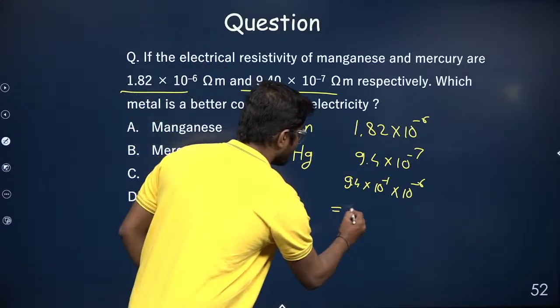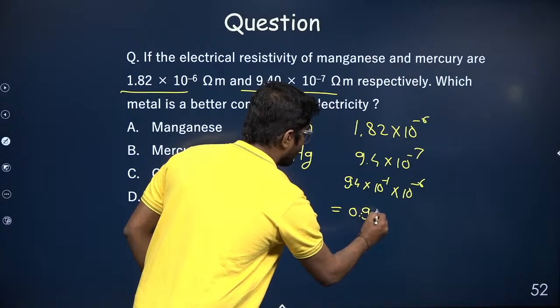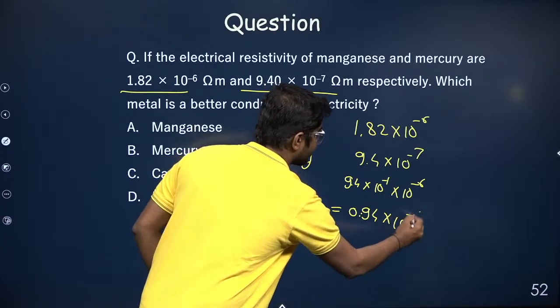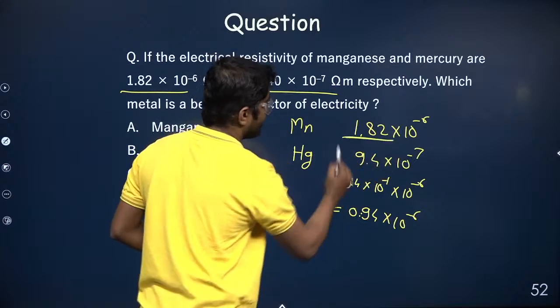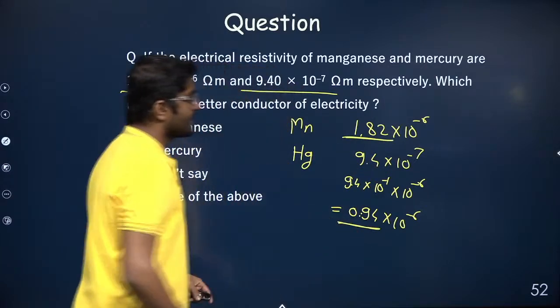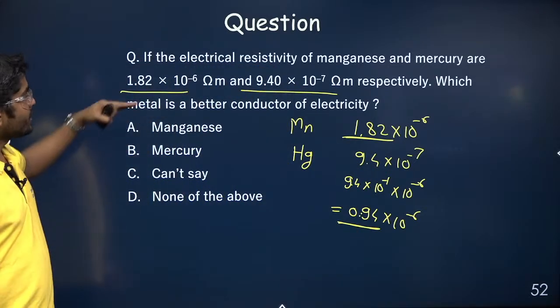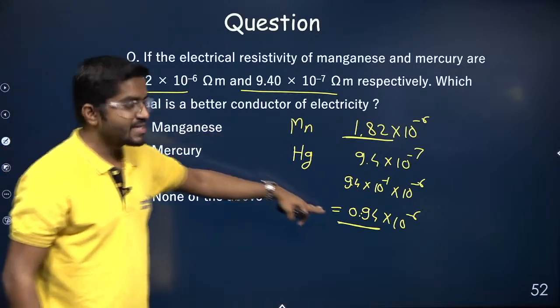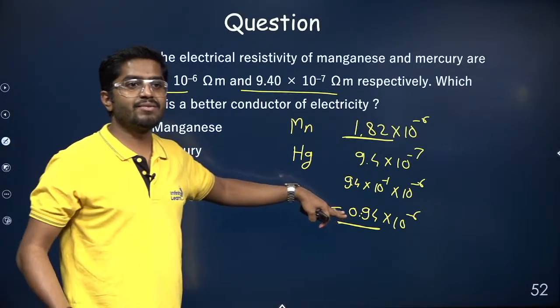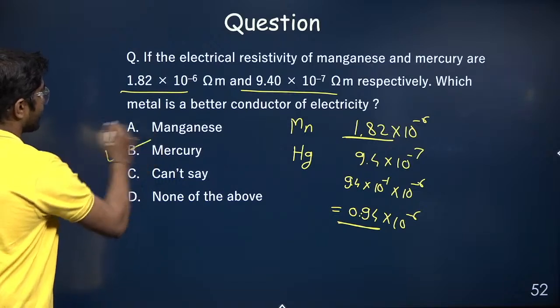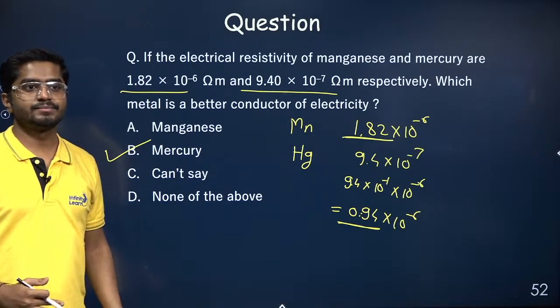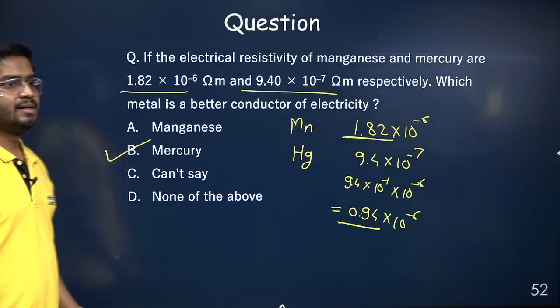So that is nothing but 0.94 10 raised to minus 6. Now you can compare. For manganese it is 1.82, for mercury it is 0.94. So which one is the better conductor? The one which has lower resistivity value. So which one has lower resistivity value? It is the mercury. Correct, nice, great.